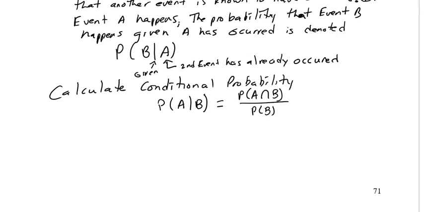The B's, B and B, are on the ends there. That has to be true, because you could have the probability of B given A, which would be the probability of A and B divided by the probability of A. So this time these two match. But they always match the last one there.